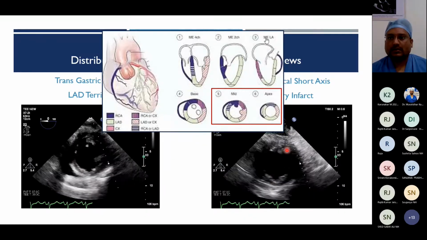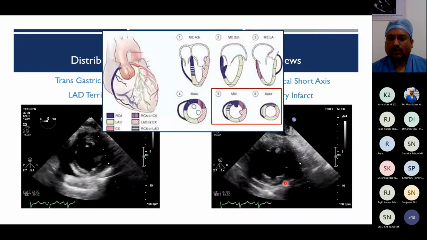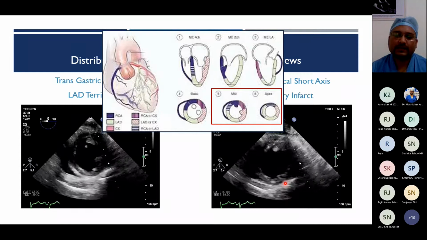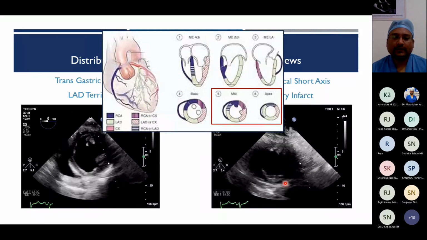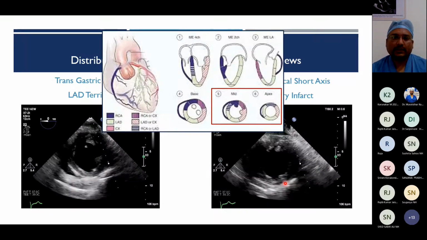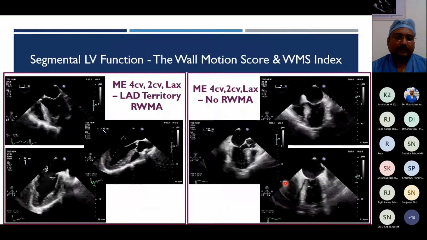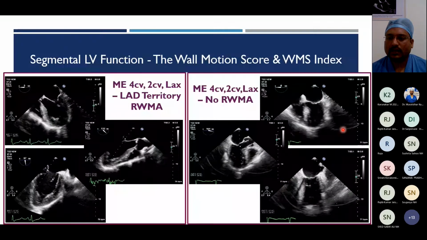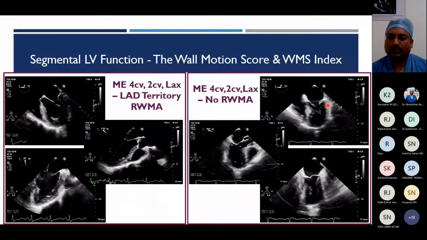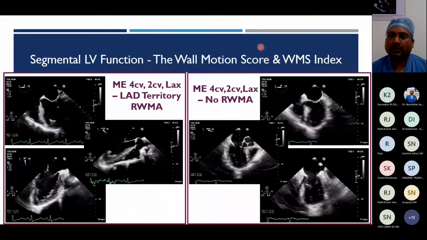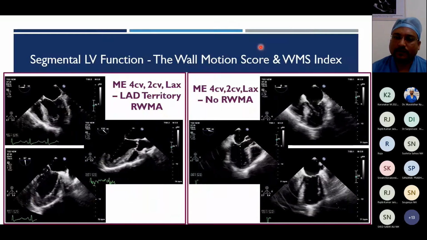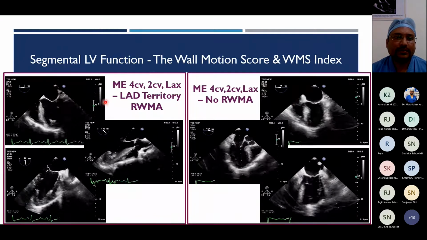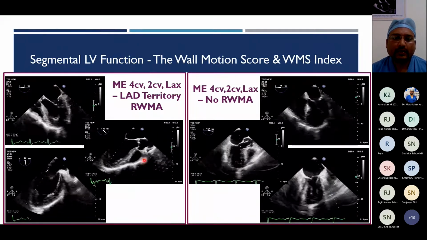This patient looks like they suffered a LAD infarct, and this is the regional wall motion in all the TE views shown one by one. So compiling all the images and comparing with a normal LV function patient, who does not have any infarction or has normal coronaries, you can see the comparison of the 4-chamber view, the 2-chamber view and the long axis view.